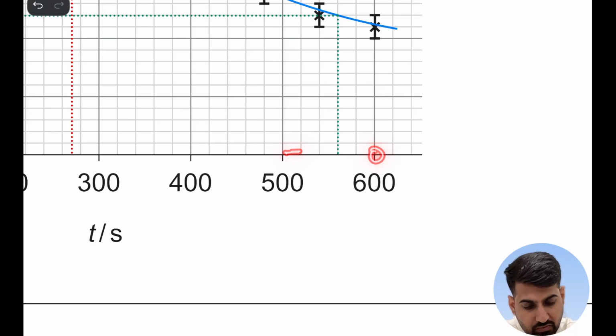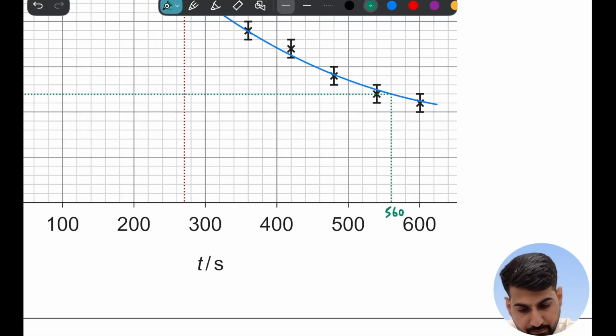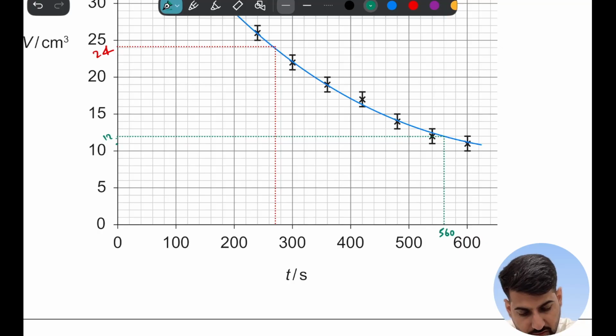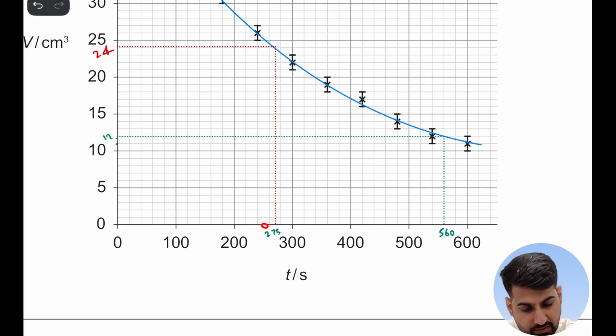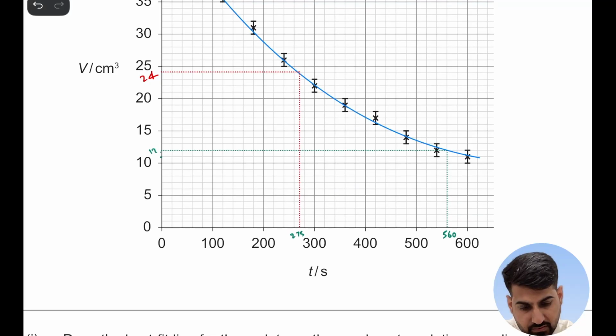So each division is 20 here. 20, 40, 60. So this is 560. This is 240, 60, 70, 275, I think. Yeah, 275 almost roughly, right? So I think I made this correct.